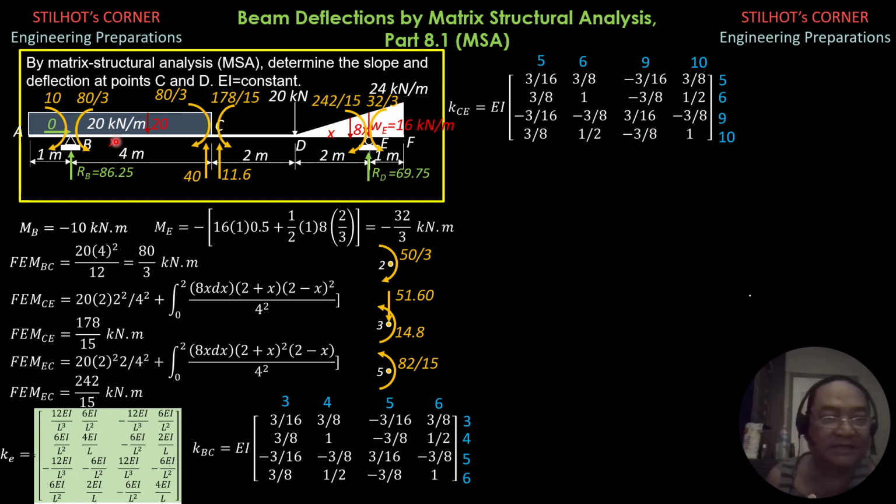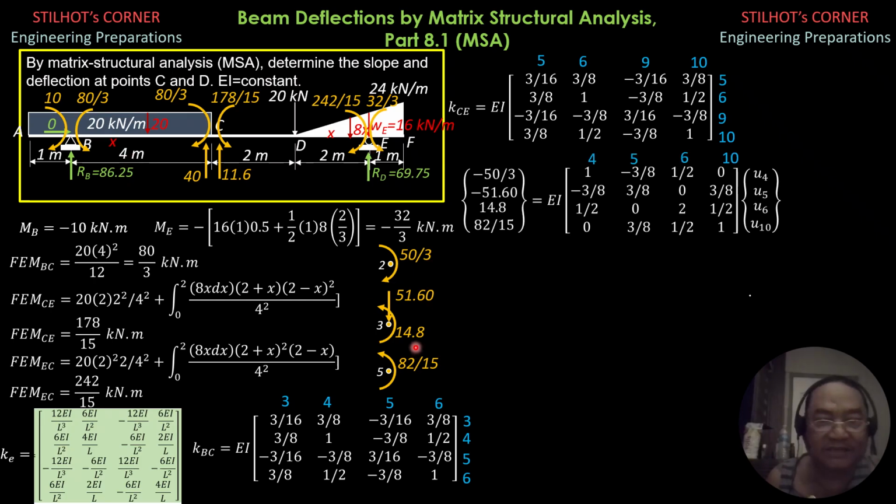Then we are interested in 4, 5, 6, and 10: 4 for the rotation, 5 and 6 for both deflection and rotation, and 10 the rotation at E. So these are the loadings: negative 50 over 3, negative 51.6, and positive 14.8, then positive 82 over 15.